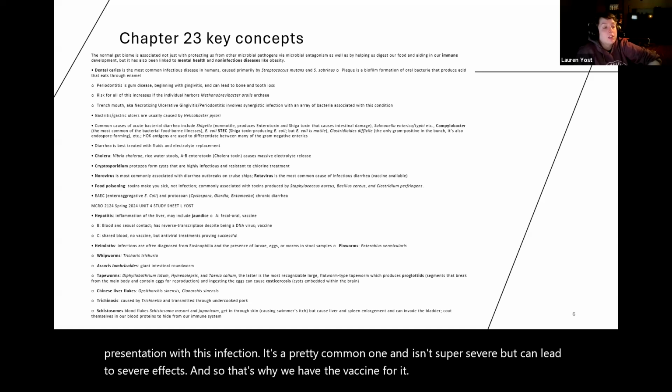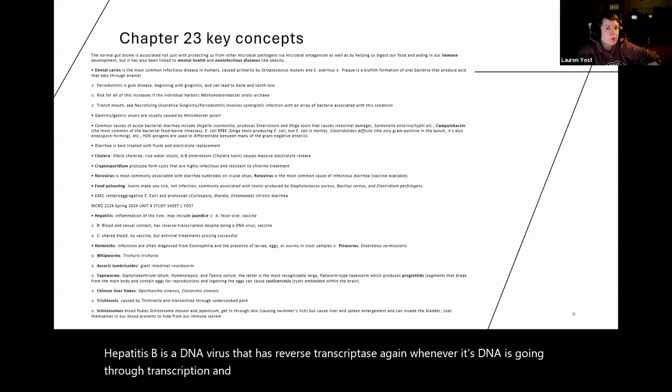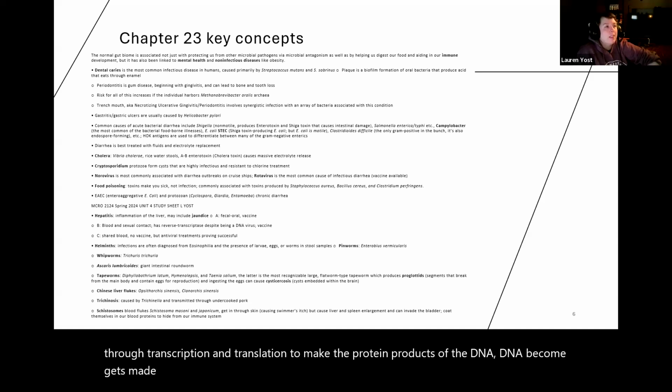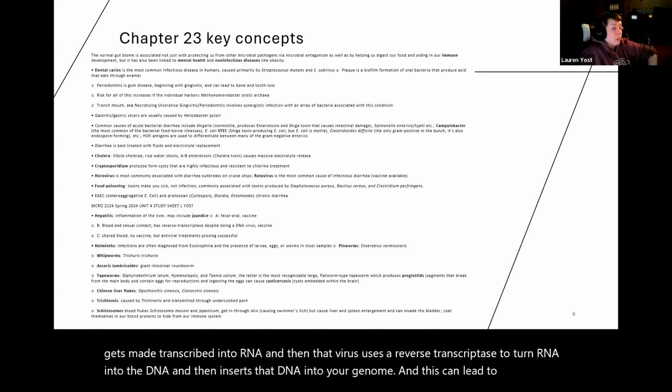Hepatitis B is a DNA virus that has reverse transcriptase. Again, whenever its DNA is going through transcription and translation to make the protein products of the DNA, DNA gets made, transcribed into RNA, and then that virus uses a reverse transcriptase to turn the RNA into DNA, and then inserts that DNA into your genome, and this can lead to cancer as a result in the liver.